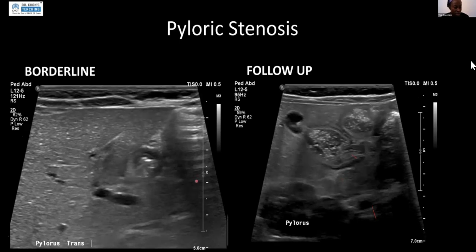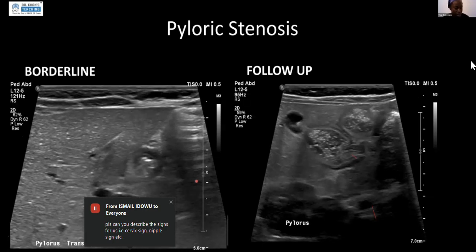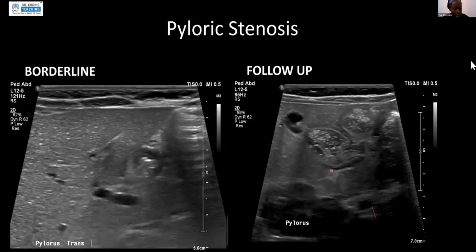But because it was borderline and I didn't see it open during the study, I really wanted to bring the patient back to confirm whether what I was seeing was truly pyloric stenosis or just due to spasm, pylorospasm, because the child was upset and things like that. So I scanned them a few days later, I think it was 2 days later, because they were clinically stable, and you can see that the muscle wall thickness is actually normal.